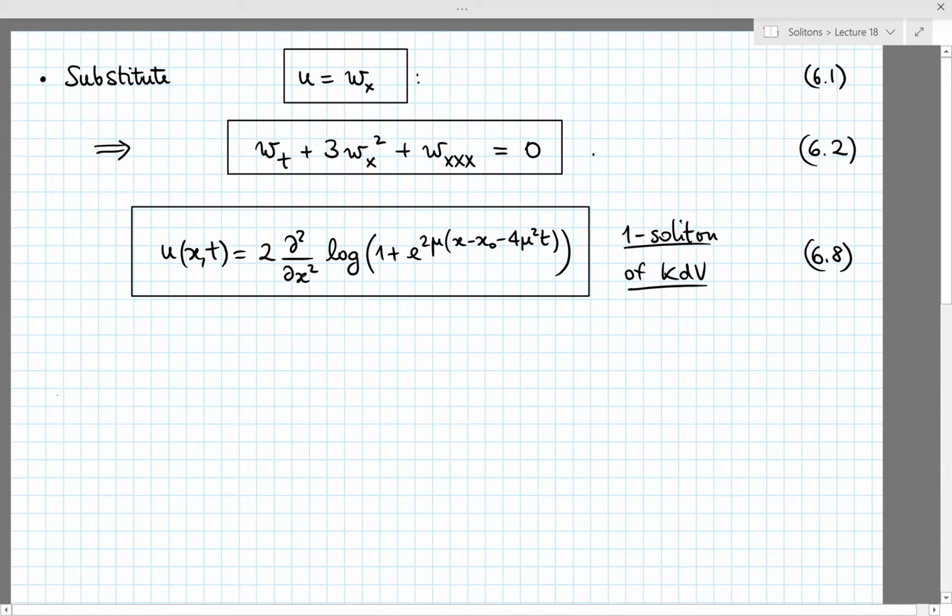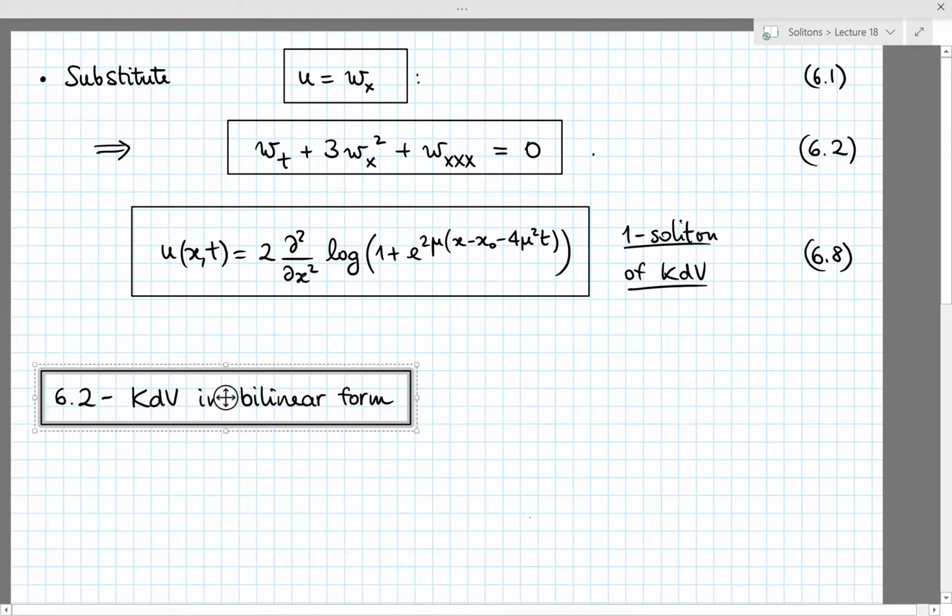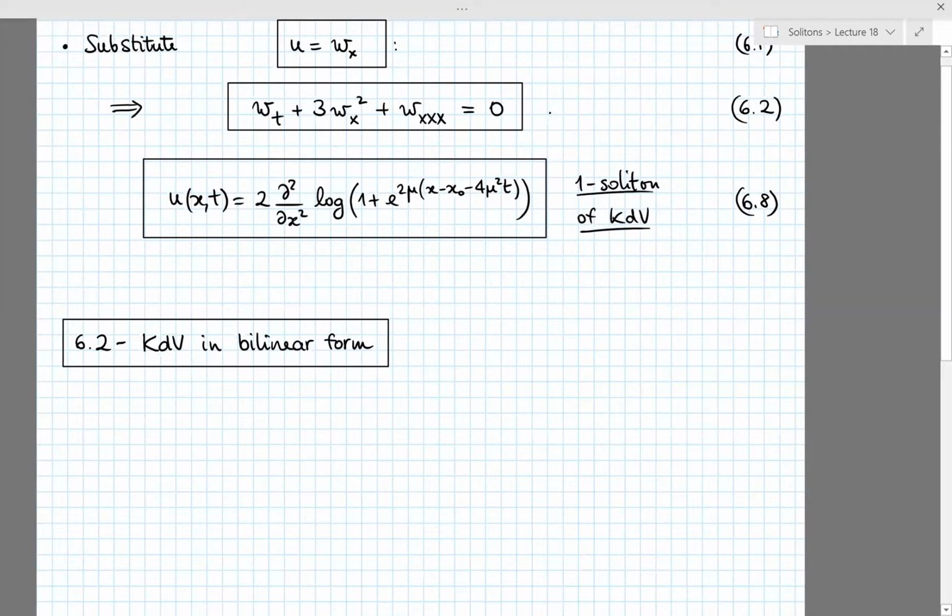This observation naturally leads us to section 6.2, where eventually we will write the KdV equation in a so-called bilinear form. We'll get to that bilinear form of KdV towards the end of the lecture, but first let's try to rewrite the KdV equation in a quadratic form.